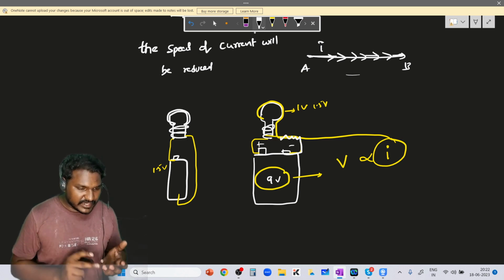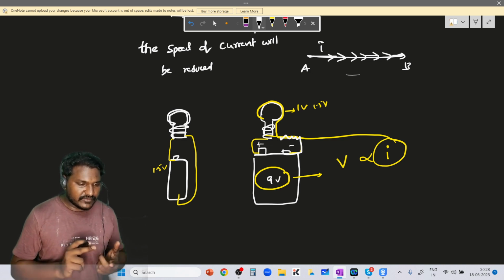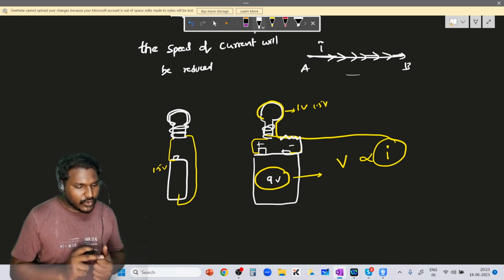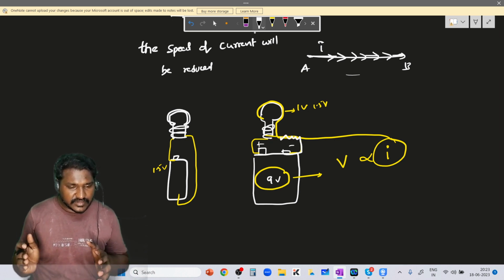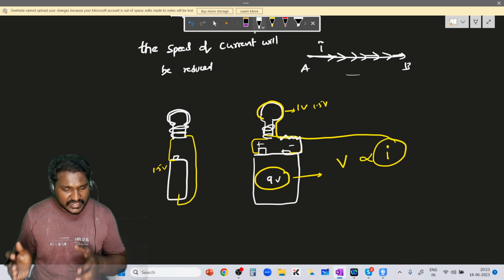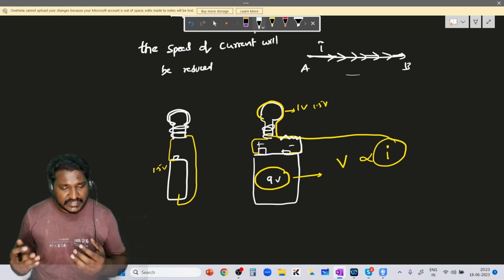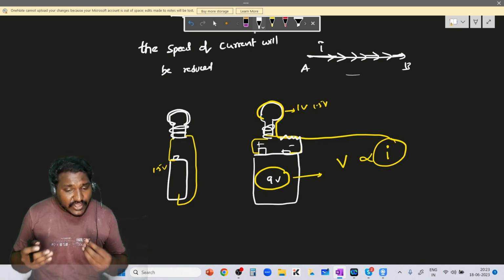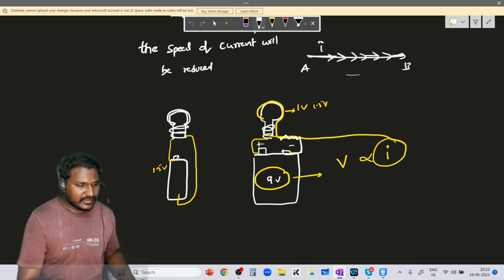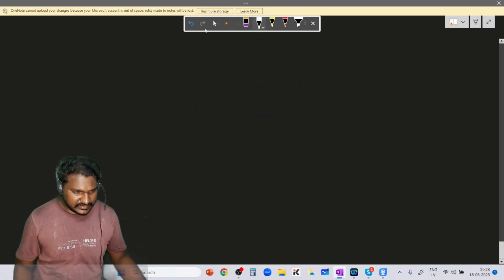It will be different for silver, copper, aluminum, gold, steel, like that. So resistance depends upon the type of material, and also the length of the material, and also the area of cross section of the wire. I'll discuss this.